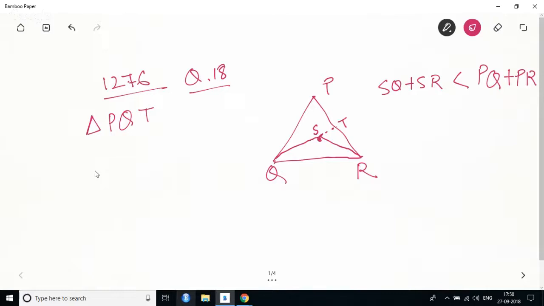And in triangle PQT, PQ plus PT would be greater than QT. And what is this QT? Why am I keeping QT on this side? Why am I not keeping QT on the other side? I'm not putting QT on the other side because for SQ, I want to show SQ lesser than something. So that is why SQ is part of QT. So I'm keeping it on the lesser side.